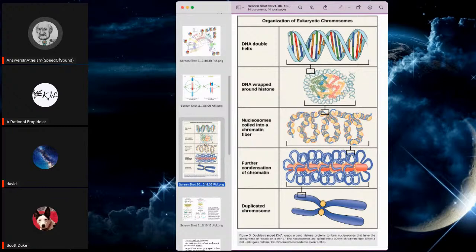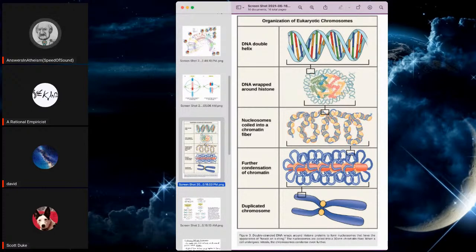Each of those little bars connecting the double strand is a nucleotide, and 192 of those wrap around that histone, and then there's about 50 in between, so it looks like beads on a string.